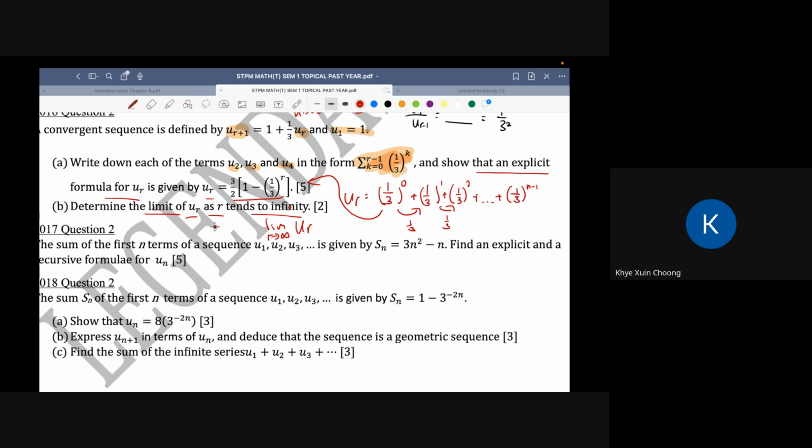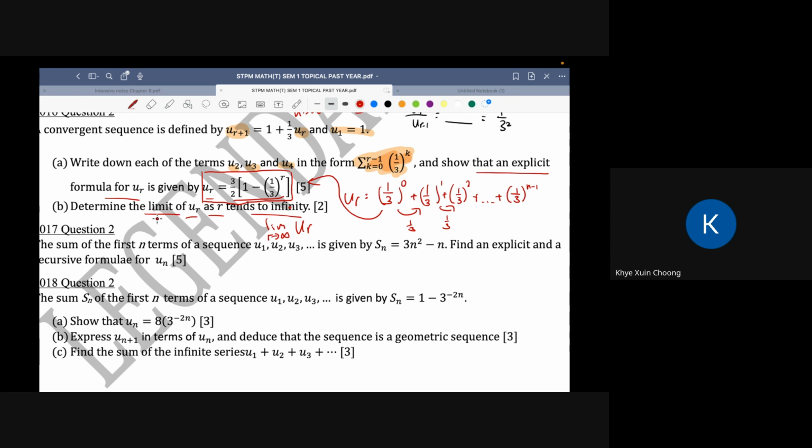If you know how to do question B, then you must go and do question B, because even if you cannot do the front part, you can do the second part. Over here, it already provides you the formula for UR, right? So you should be able to proceed to part B even if you didn't do part A.